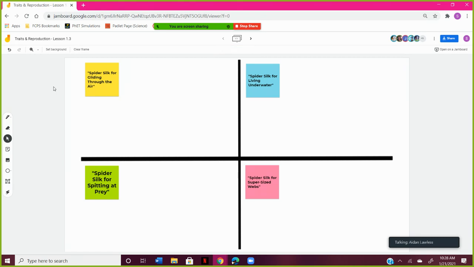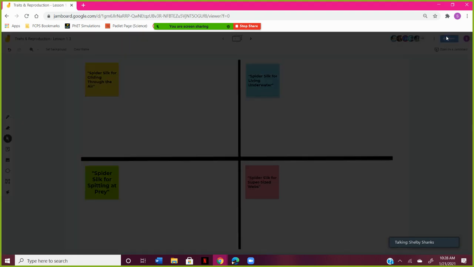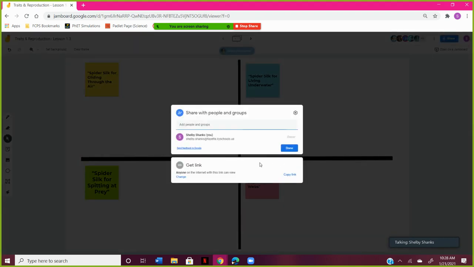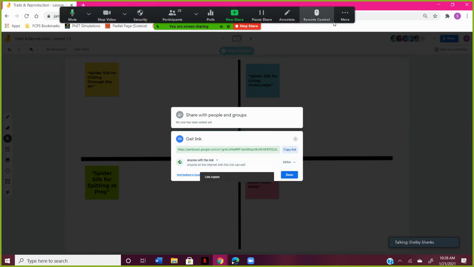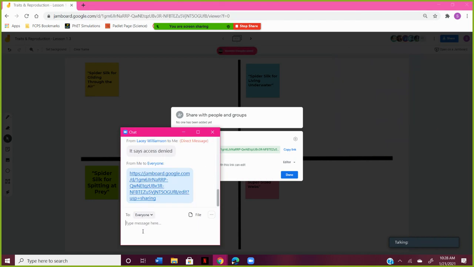It says view only? Oh, it says view only? Okay. Let me try to figure it out. Gotcha. I figured it out. You can edit it now. Thanks for letting me know. I'll post the link again just in case it's not working.